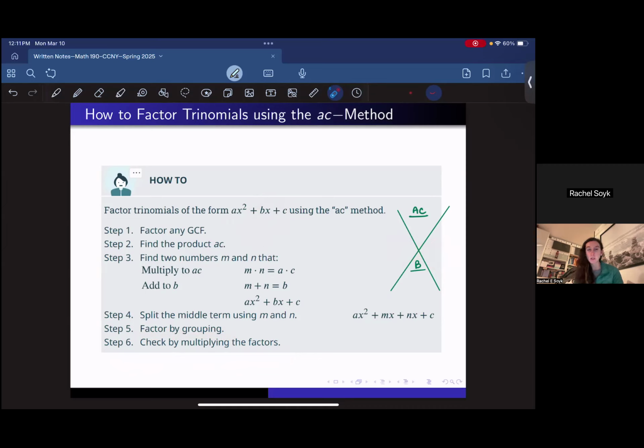So it may sound a little confusing at first, but we'll tackle this through a concrete example, and then we'll reinforce our skills through more examples.